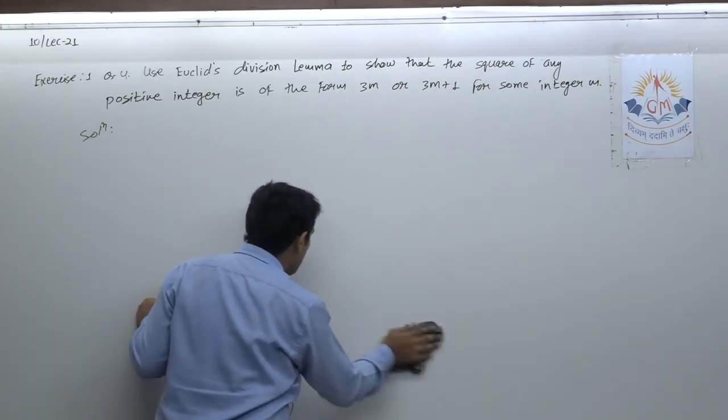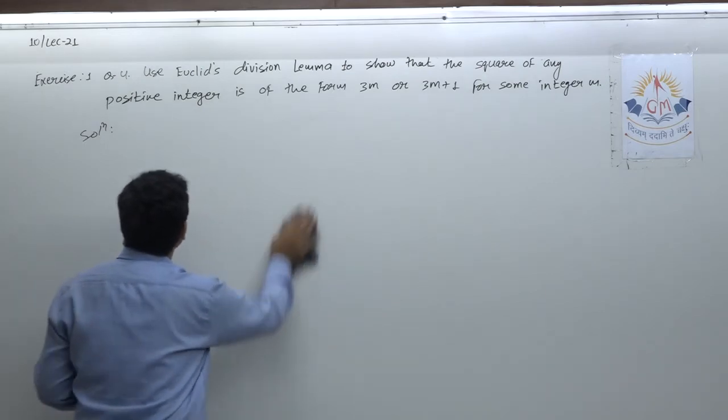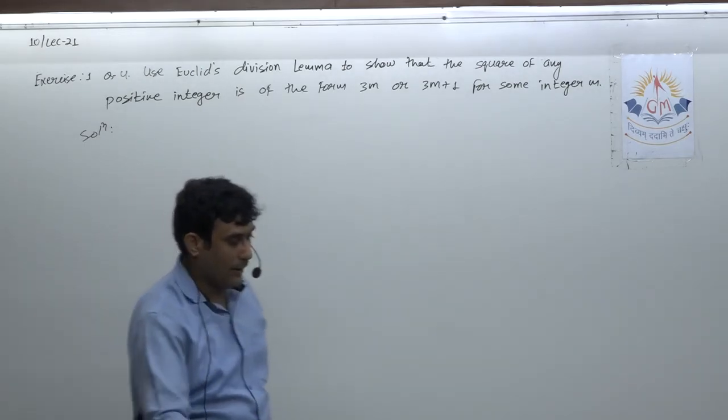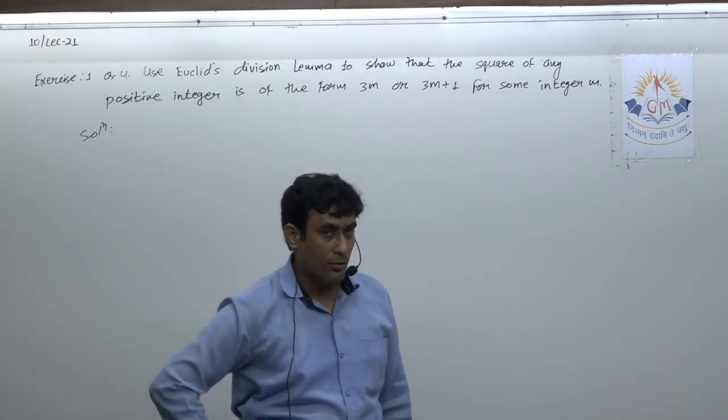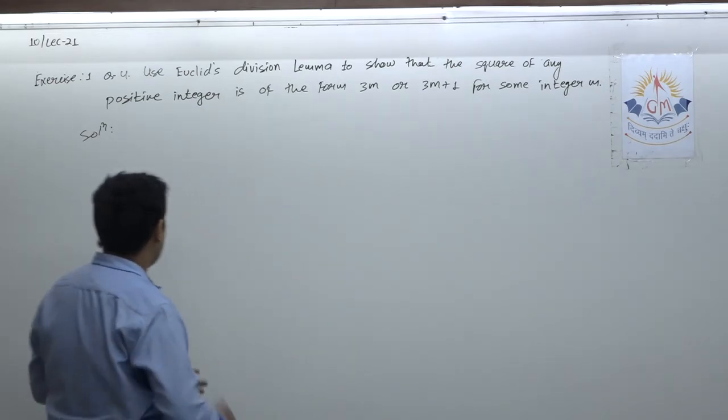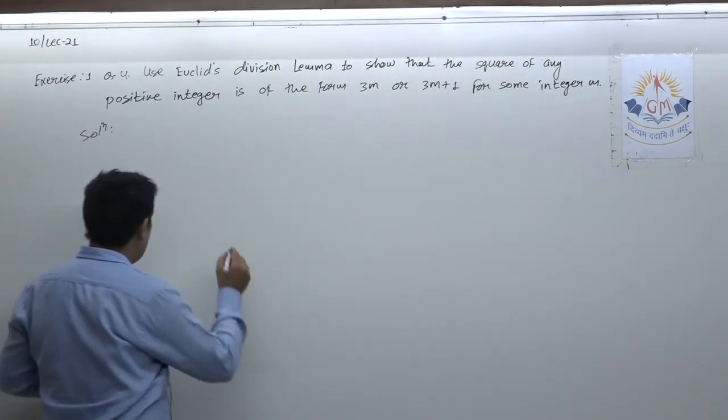Now that we have to show with the help of Euclid's division lemma. Till now we saw so many questions related to this concept only. So here take one note.